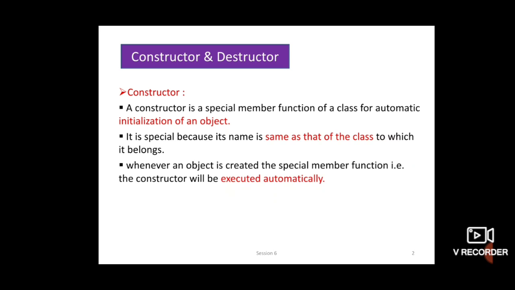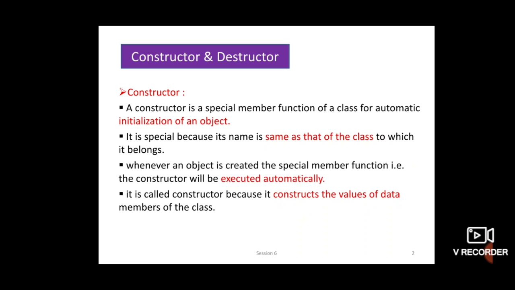See, I will explain this topic point by point. When an object is created, the special member function, why is it called special? Because when an object is created, at that time the constructor will be executed automatically. Why is it called a constructor? Because it constructs the values of data members of the class.